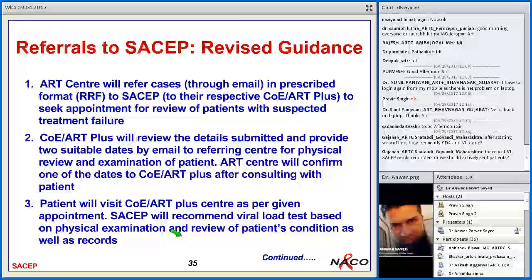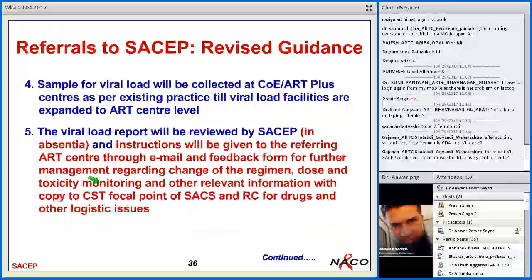The patient goes back home. After this one visit to SASEP, the patient will not go back to SASEP anytime. So this is the change. Once the viral load report comes back, it will be reviewed again by SASEP in absentia, that is, the patient will not be present, and whatever the recommendations of SASEP are will be communicated to the ART center.